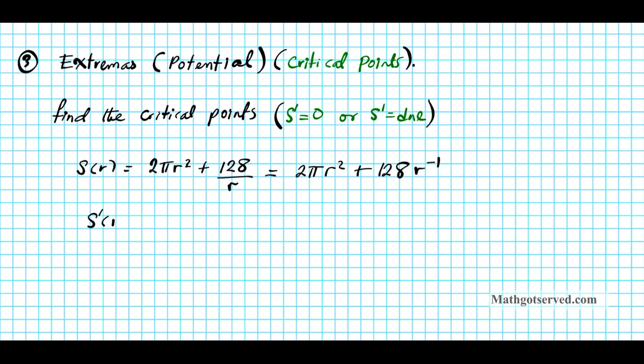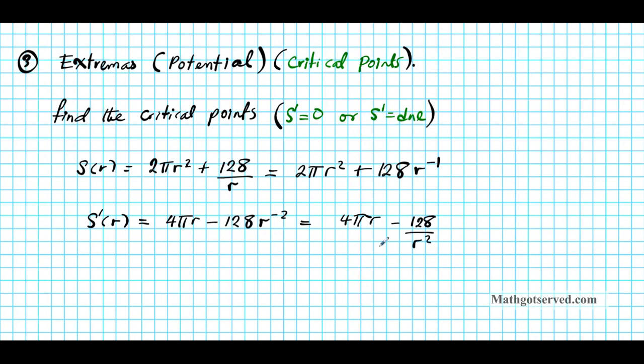So s prime of r: for the first portion, 2 pi r squared, the derivative is 4 pi r. And then for the derivative of this, using the power rule, this minus times this positive becomes minus 1 times 128 r, and then we decrease the degree by 1, so minus 2. Okay? So we can rewrite this as 4 pi r minus 128 over r squared.